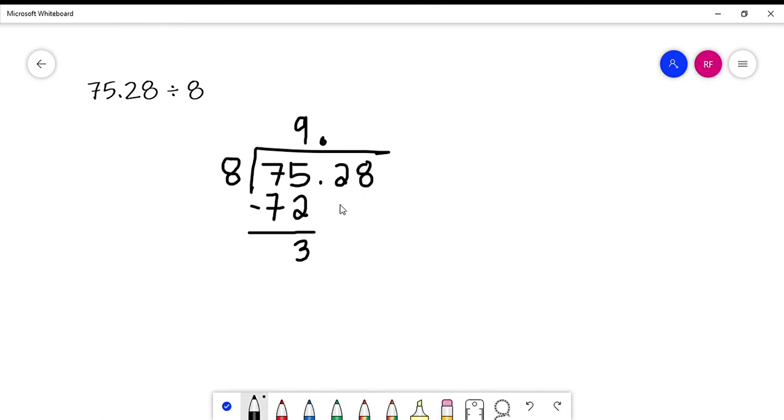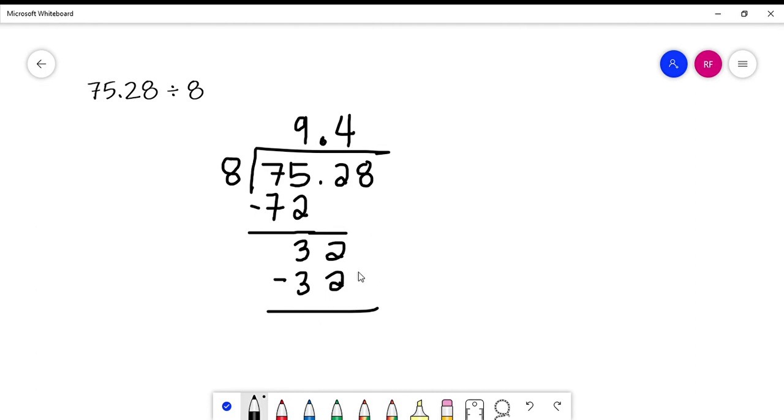Then we need to bring down the next digit, 2. So 32 divided by 8, that would be 4. So 4 times 8 is 32. Subtract. 32 minus 32 is 0. So you don't need to write 0 here.